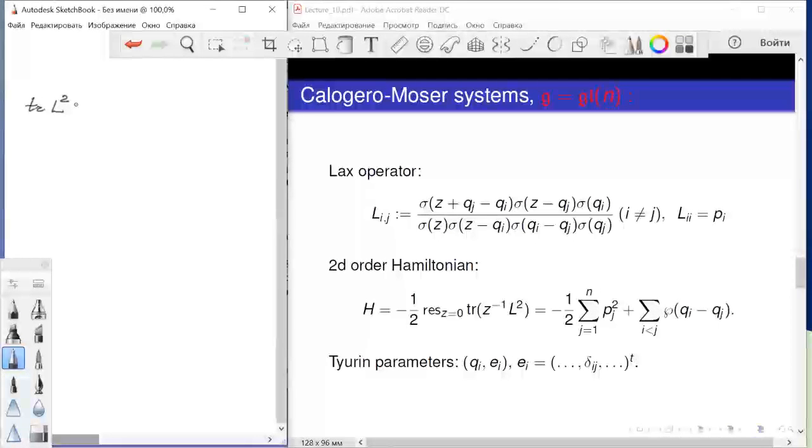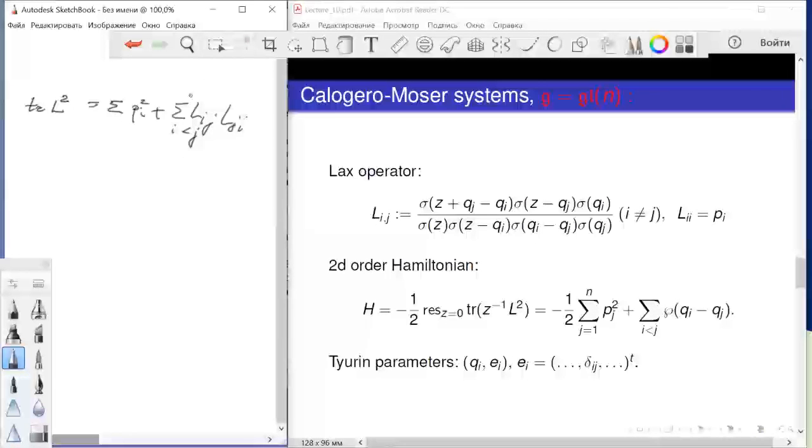It is the same as the sum of pi squared, the square of the diagonal, plus the sum of Lij Lji for i less than j.